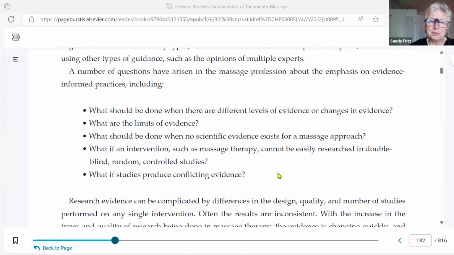And then what do we do if the studies produce conflicting evidence? Well, you compare and contrast both. You don't ignore stuff like that. You don't just pick the research that's going to support what you believe. It's okay if there's conflicting information.